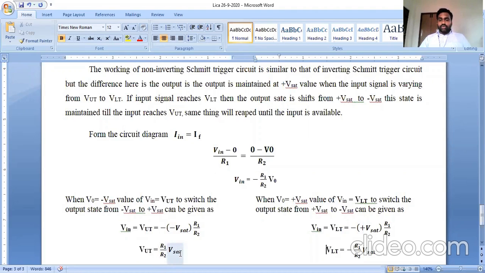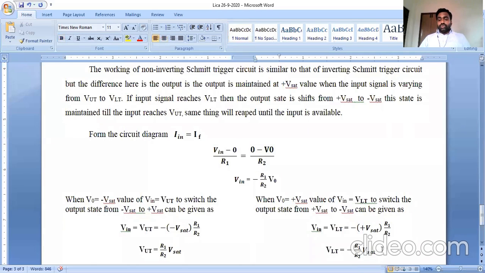Similarly, if the output voltage is plus Vsat and the input voltage reaches the lower threshold voltage, the lower threshold voltage is equal to minus of R1 divided by R2 into Vsat.